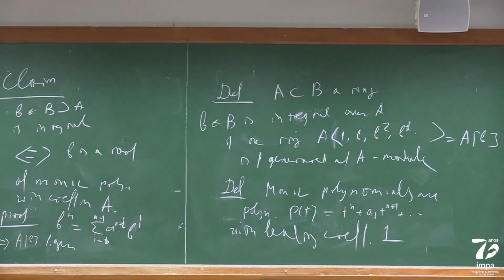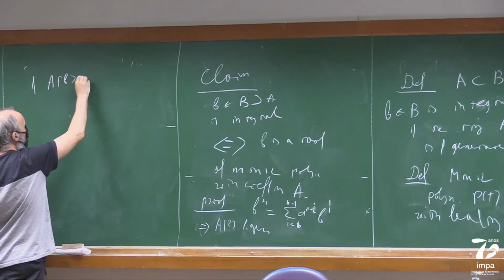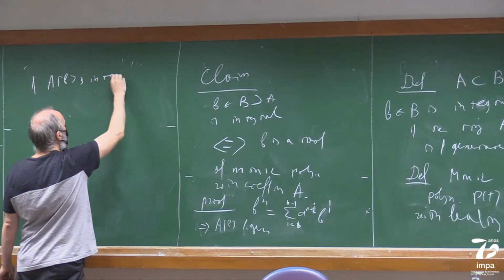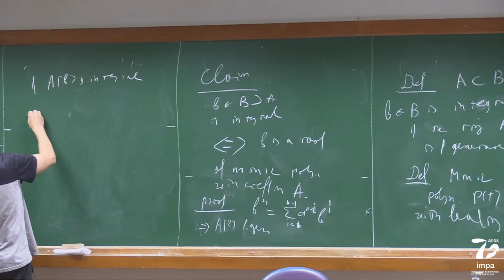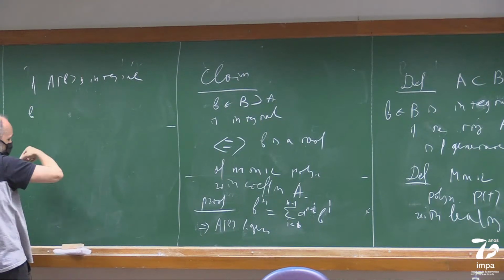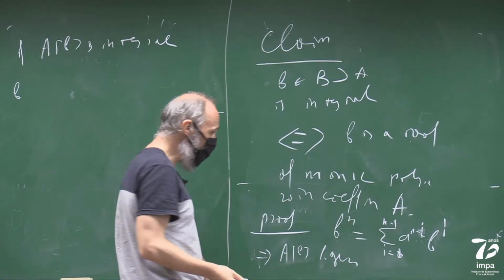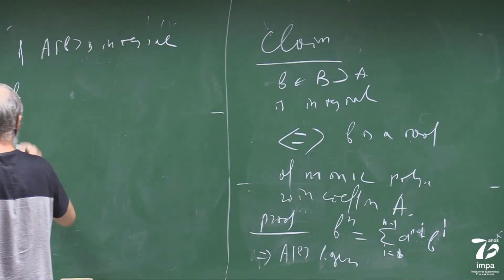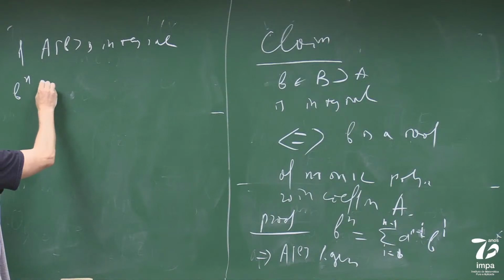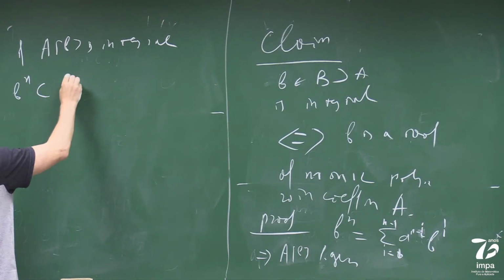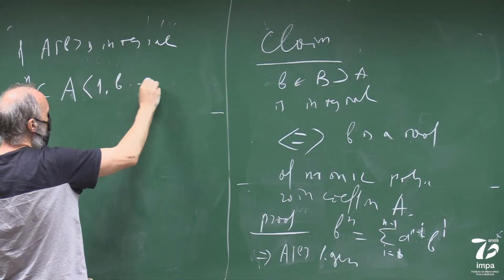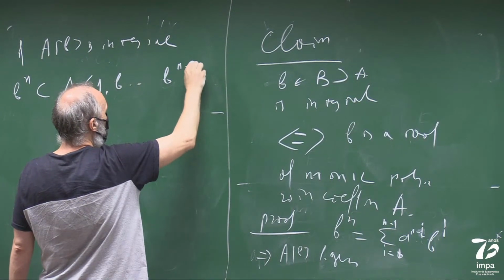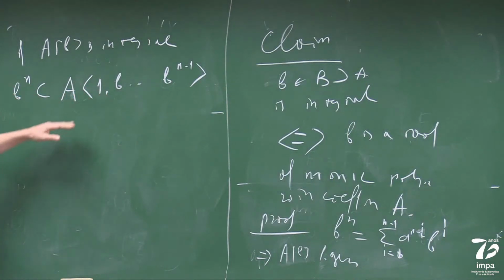Conversely, if A of b is integral, this means that b power, well, you add more and more relations. At some point, it stabilizes. So at some point, b to the power n will belong to the submodule generated by 1, b, and so on, b to the n minus 1. Because this sequence stabilizes.